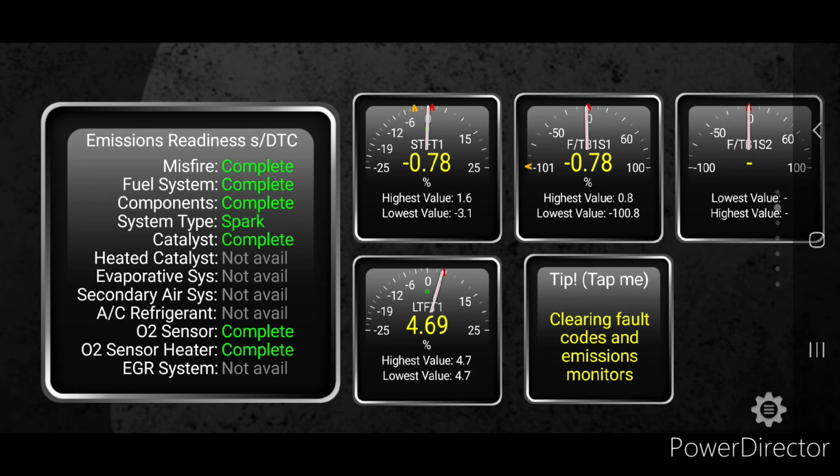Yeah, long-term fuel trim. So at the age of our vehicle, guys, this was made in 2007. 2006 or 2007 is the year model of this vehicle, yeah, I think 2007.